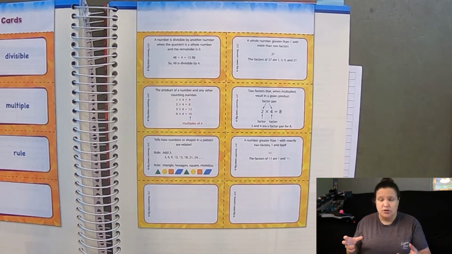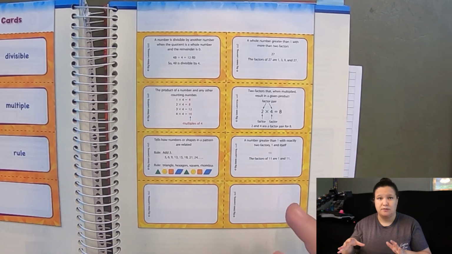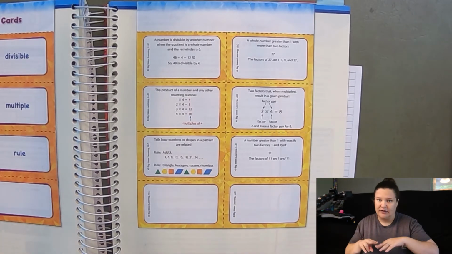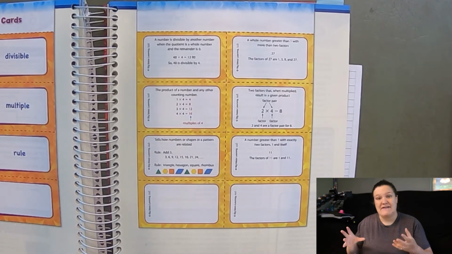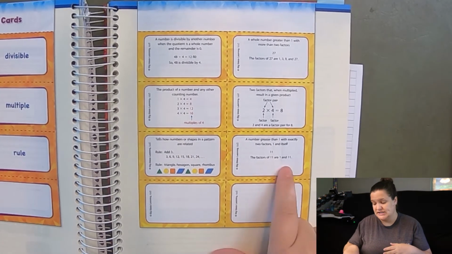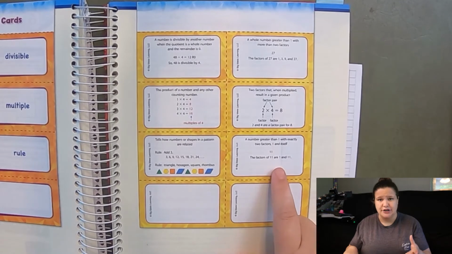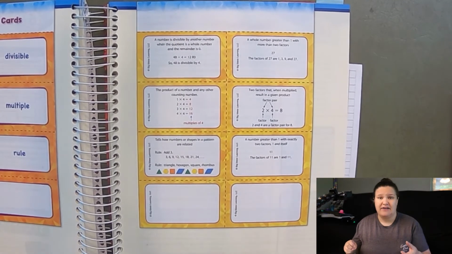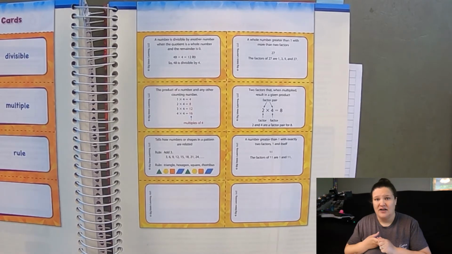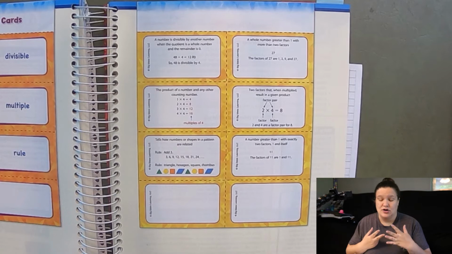3 is a prime number. The only way you can multiply and get 3 is 1 and 3. Now you can flip them, right? But it's still those same 2 factors. 11 is a prime number, which is the example it gives you on your vocabulary card. The factors of 11 are 1 and 11, and that's the only way you can multiply to get 11.